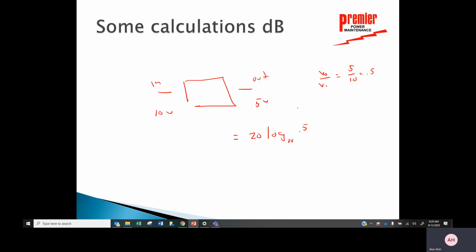When I do that, I'm going to get minus 6 dB gain. All right, enough of that.